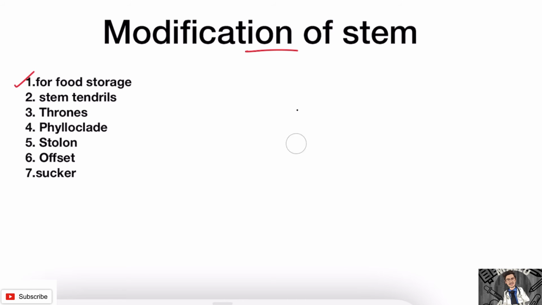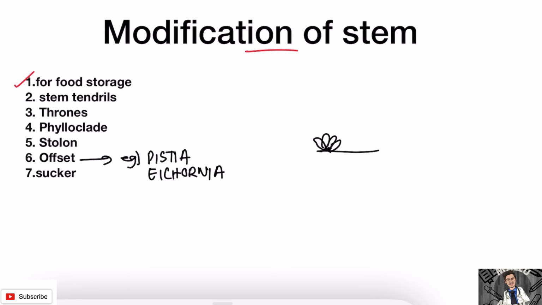Now let us move on to learn what's an offset. First of all you have to learn the examples pistia and eichhornia. In offset you have numerous nodes together. From nodes leaves arise, right?